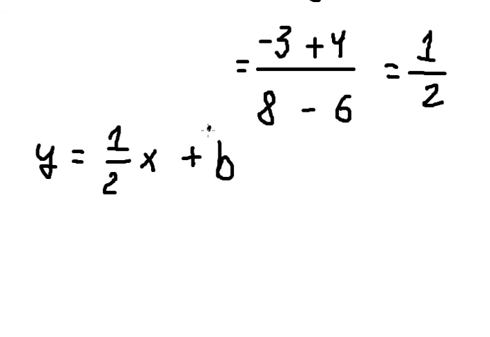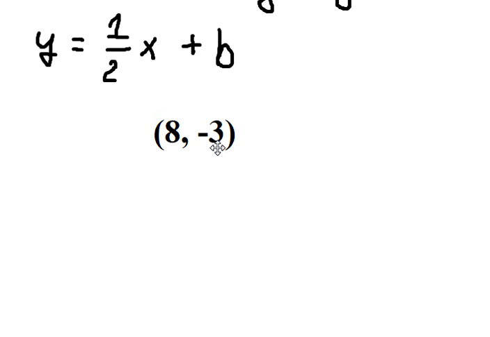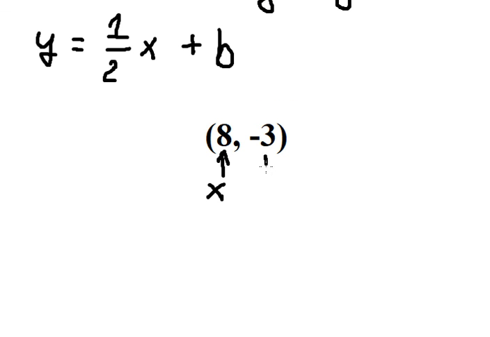Now we need to find the value of b. So we can choose this point or this point here, but I will choose this one. So 8 is x, and negative 3 is y.